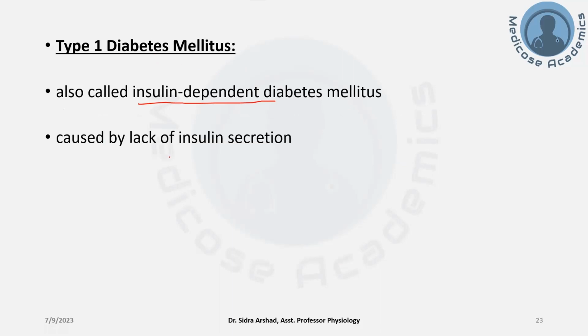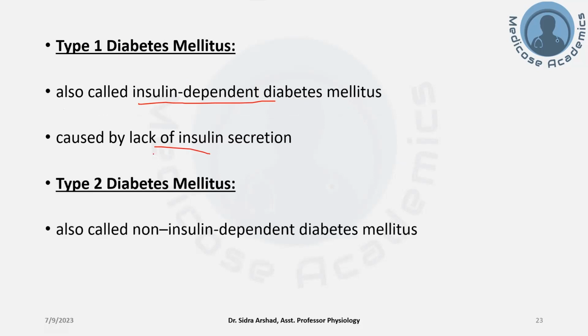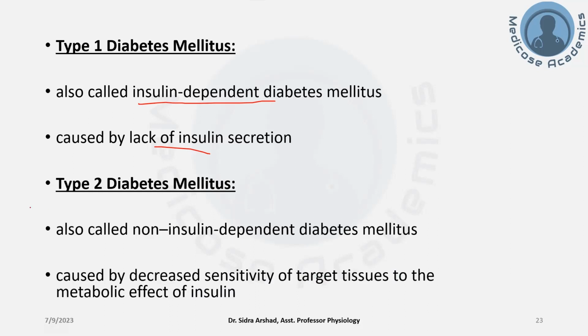It is caused by lack of insulin secretion, whereas type 2 diabetes mellitus is also called non-insulin dependent diabetes mellitus. In this type, there is an increased or normal amount of insulin, but that insulin is not able to act on its receptors. It is caused by decreased sensitivity of target tissues to the metabolic effects of insulin.